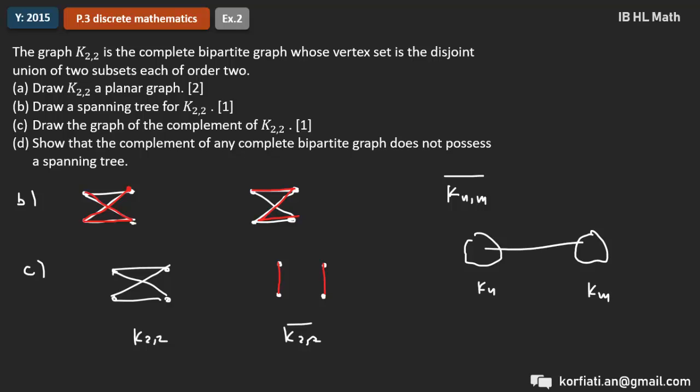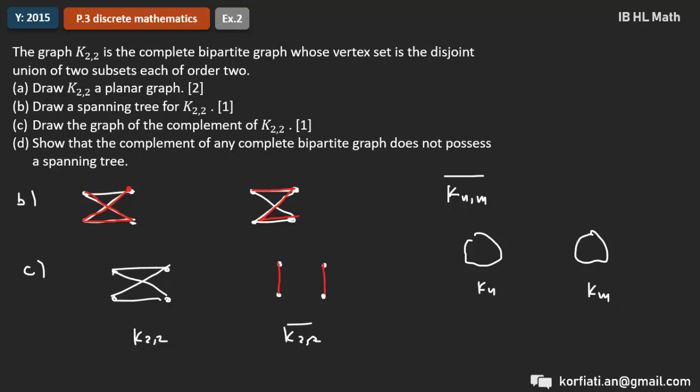And none of these edges will appear because all of these edges are contained in the initial graph. So we have to keep in mind that the complement of that looks like that.